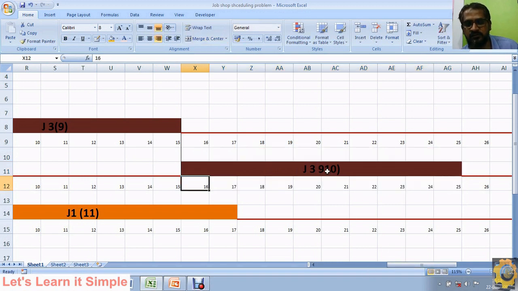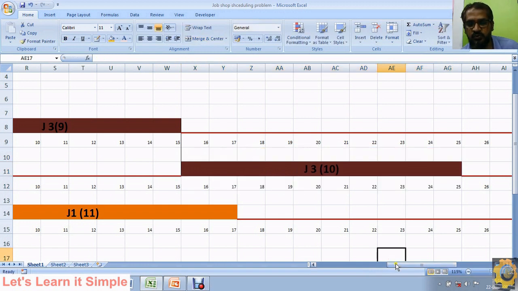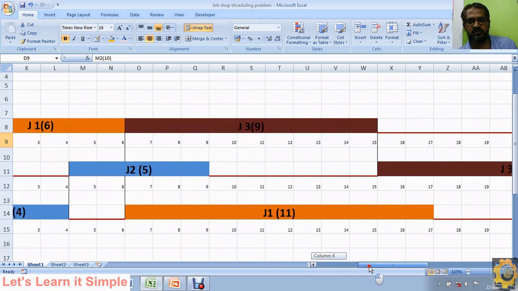So J3 on machine 2 with a time unit of 10. Yes, J3 with M2 time units of 10. So this is also completed.